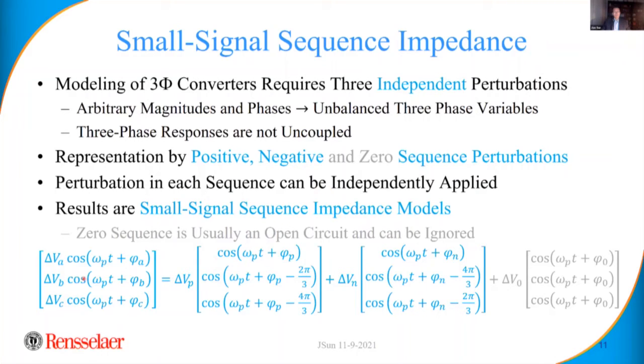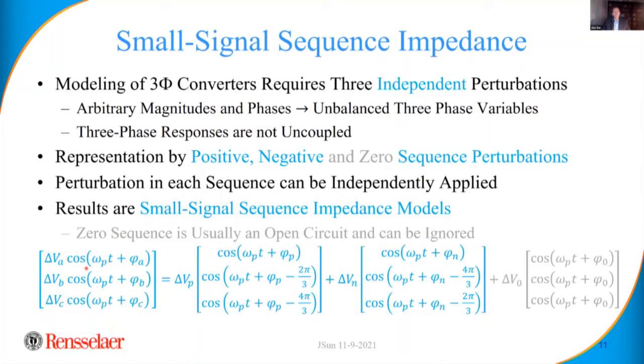The three-phase perturbation should be at the same frequency. That's the principle of small signal analysis. But the amplitude and phase angle among the three phases should be independent. We don't want to confine this perturbation to a particular direction, because that will limit the exposure of the dynamics, and you may end up with a special model instead of a general model.